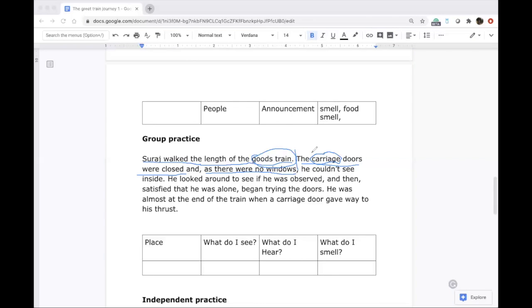Can anyone tell me why you think there are no windows? Because it's a goods train. It's a goods train, yes. So tell me why you think there should be no windows for the goods train? Sir, what is a goods train?